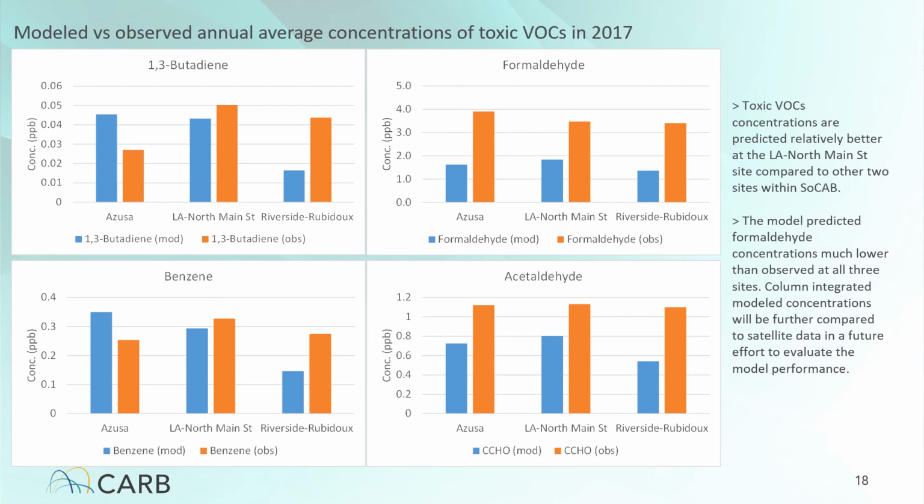The model predicted formaldehyde concentrations much lower than observed at all 3 sites. Column integrated model concentrations will be further compared to satellite data in a future effort to evaluate the model performance in predicting formaldehyde concentrations.